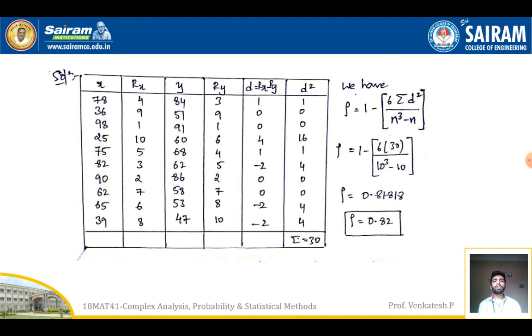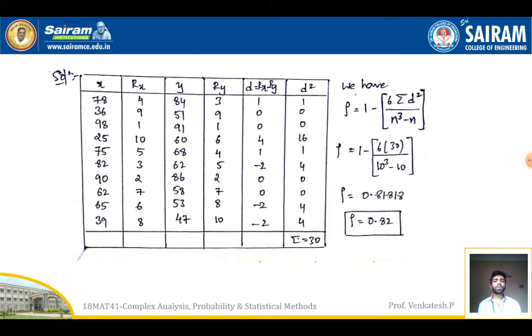Similarly take all the y values: 84, 51, 91, 60, 68, 62, 86, 58, 53, 47. The ranks are 1 for 91, 2 for 86, 3 for 84, 4 for 68, 5 for 62, 7 for 58, 8 for 53, 9 for 51, 10 for 47.